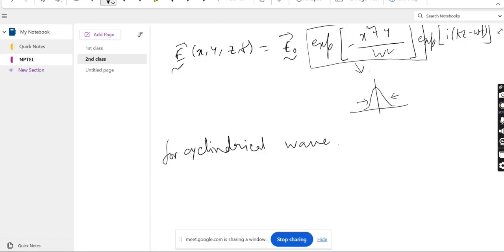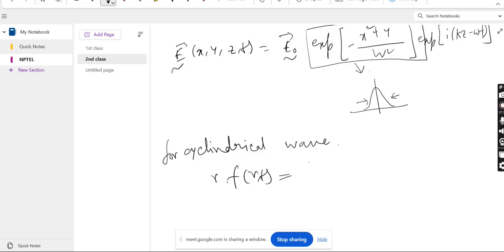So for a cylindrical wave, we can come to the form of why we write the cylindrical wave like this. There is a mathematical discussion and conclusion, but basically for a cylindrical wave, the wave function should be like this.